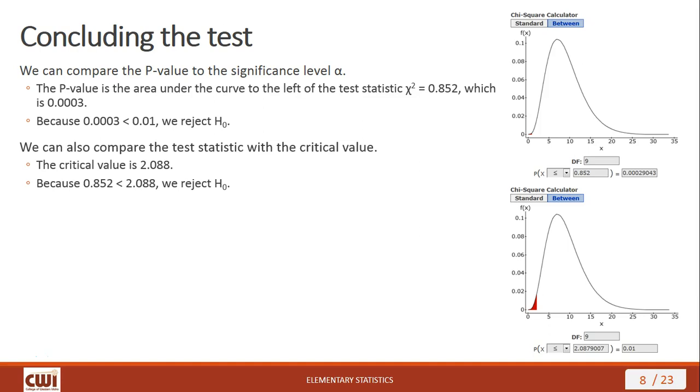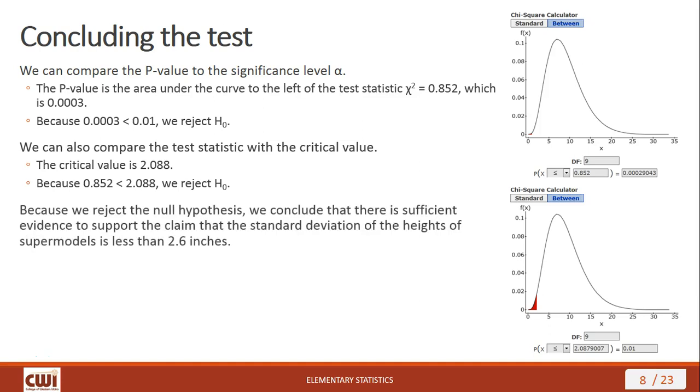So that means we're inside the rejection region, and therefore we reject H0. Either way you do this, you're going to come up with the same conclusion. We rejected the null hypothesis, and we did so on a one-tail test. That means we conclude there is sufficient evidence to support the claim that the standard deviation of the heights of supermodels is less than 2.6 inches.